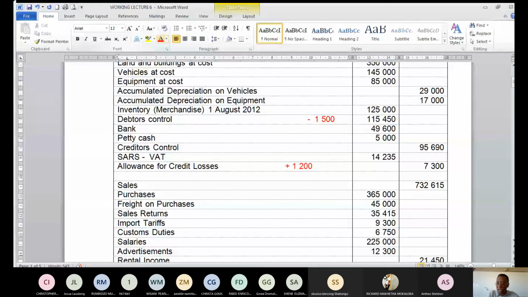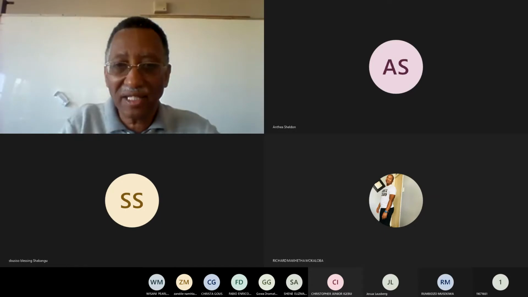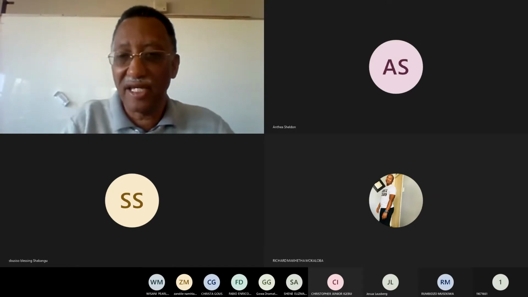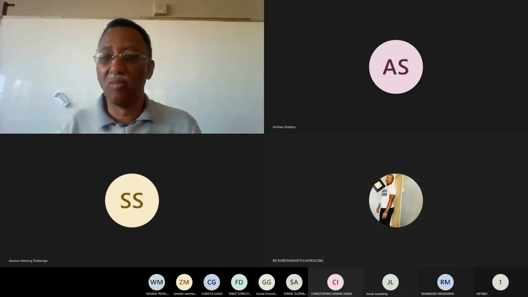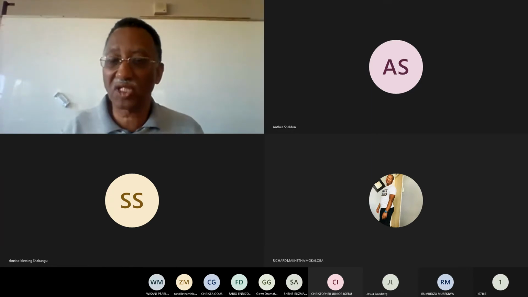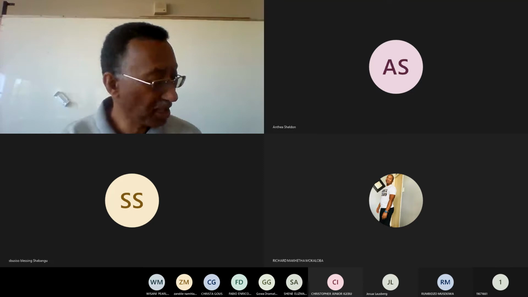And your credit losses is now 1,200 plus a further 1,500. Credit losses has increased, trade receivables has decreased because you are writing off the account of a trade receivable. Your trade receivables must decrease, you've got more credit losses, you've got more expenses, and your credit losses increase there. Any queries on this stage?